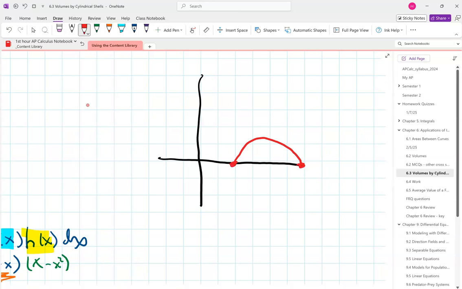So let's say we have this, and I rotate that about the x-axis. What I'm going to have is a football kind of shape, right? Is there any openings or indents or anything on that football? We call that a convex figure. If you have a convex figure, you're doing a disk.